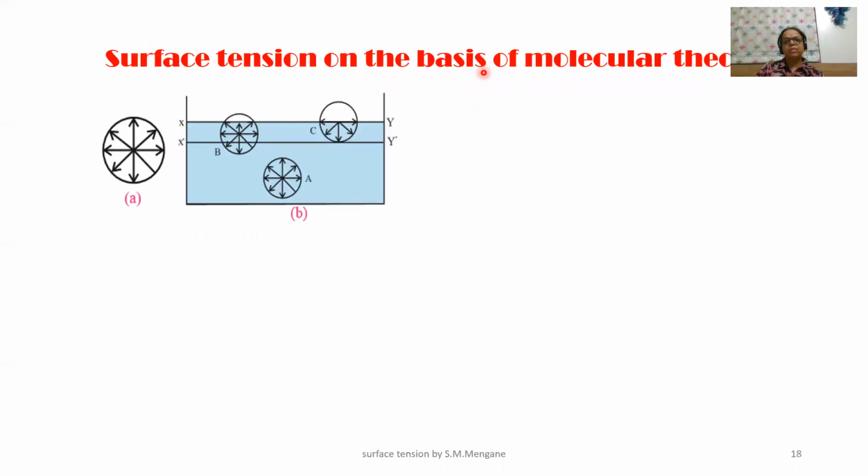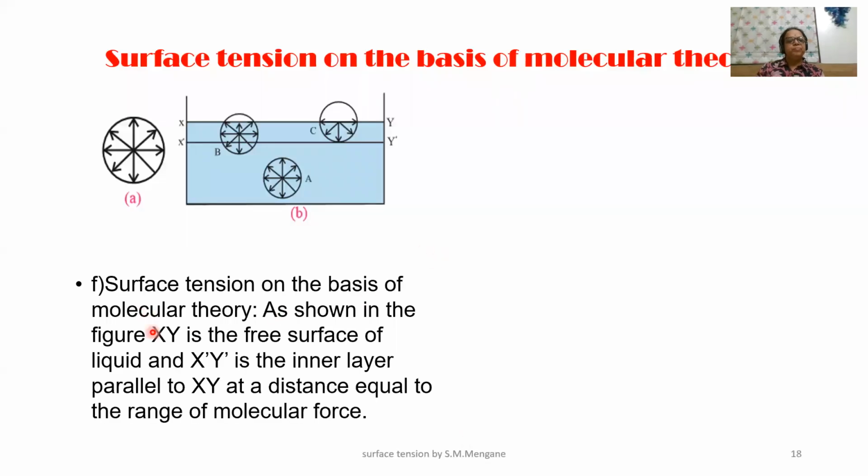Now, surface tension on the basis of molecular theory. As shown in the figure, XY is the free surface of the liquid, and X dash Y dash is the inner layer parallel to XY at a distance equal to the range of molecular force.